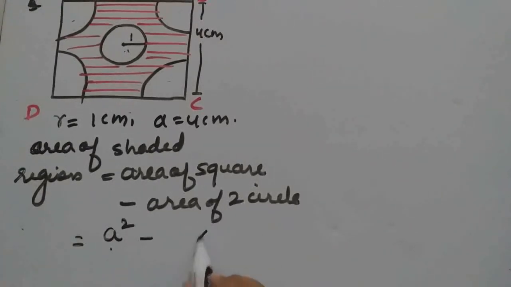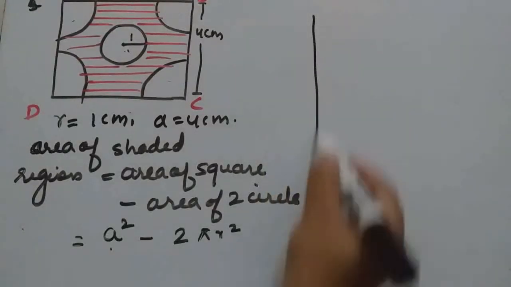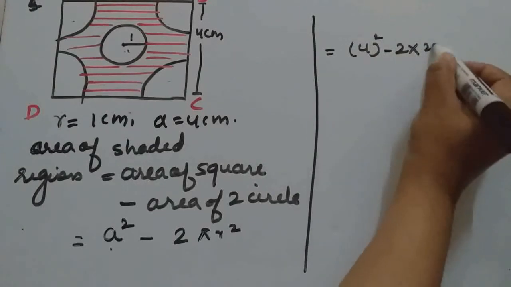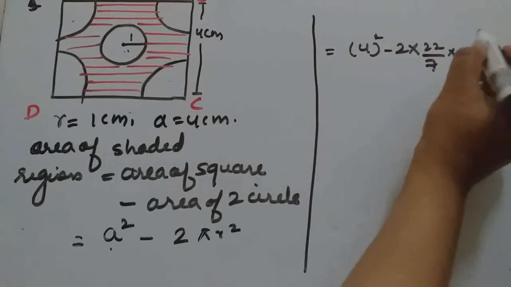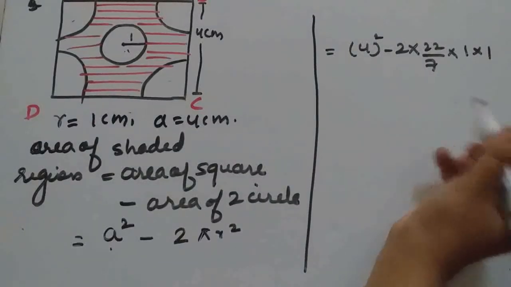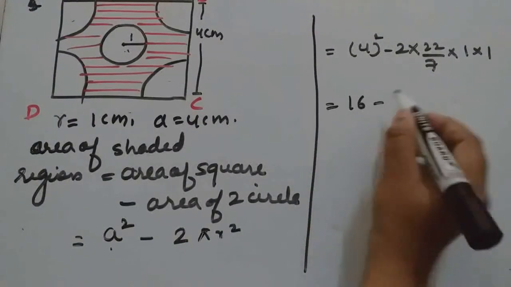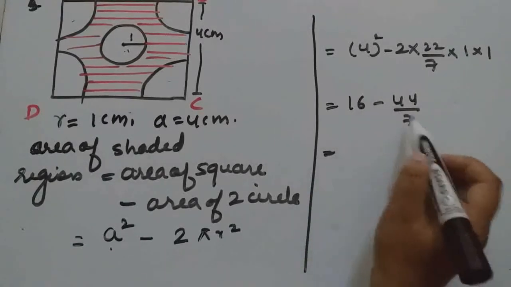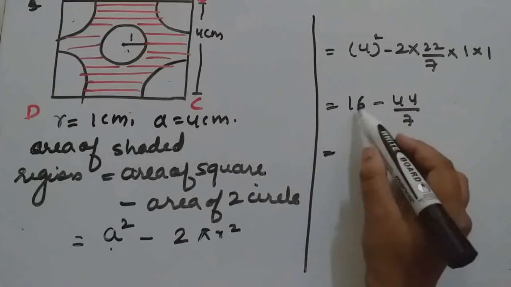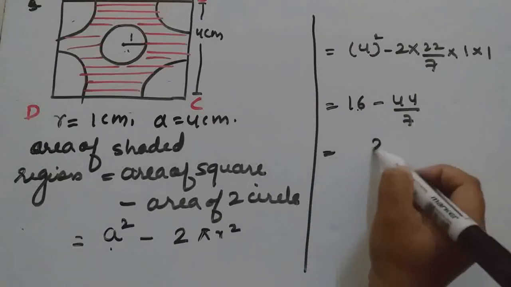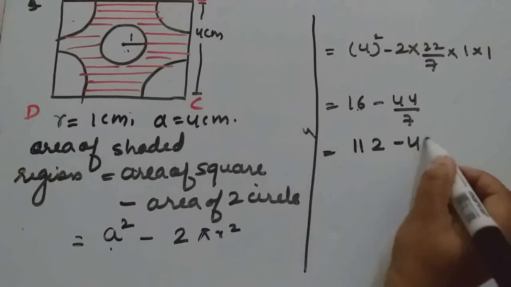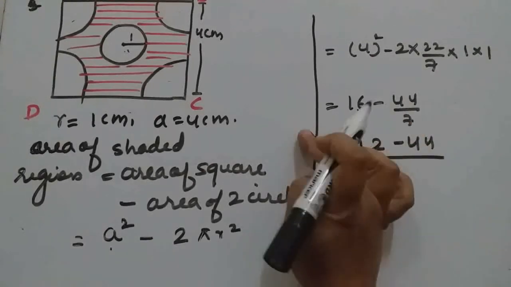One circle is pi r square, so 2 circles means 2 pi r square. Okay, so a square means 4 square minus 2, 22 by 7, r is 1 into 1. So this we can write 44 by 7. Okay, from cross multiply we can do, isn't it? 112 minus 44 by 7.